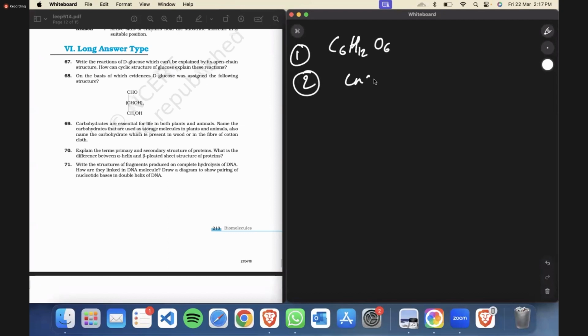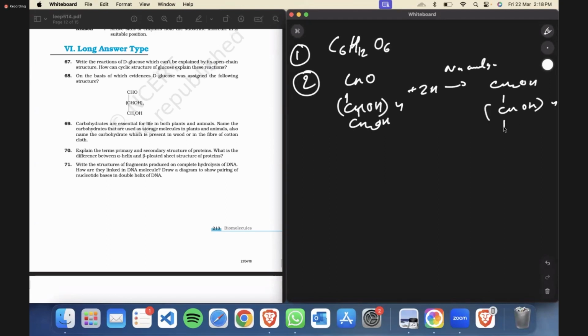So CHO, CHOH whole 4, CH2OH. In the presence of H2, sodium amalgam will give you what? CH2OH, CHOH whole 4, and CH2OH. So this is called sorbitol.